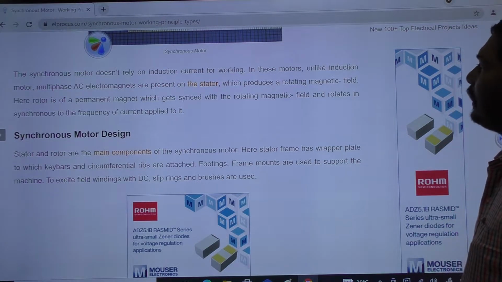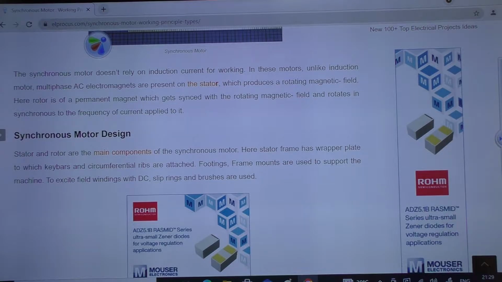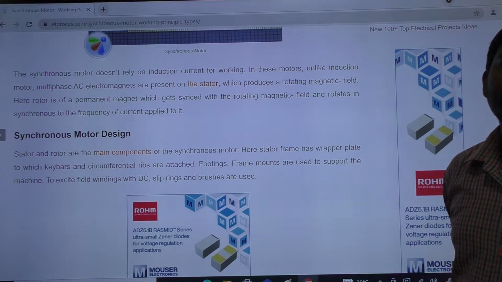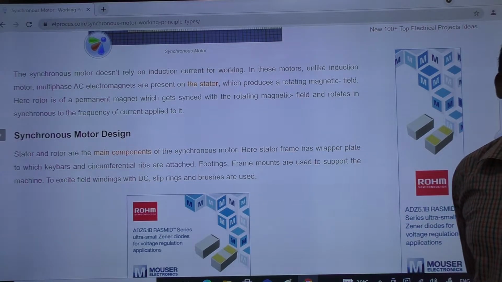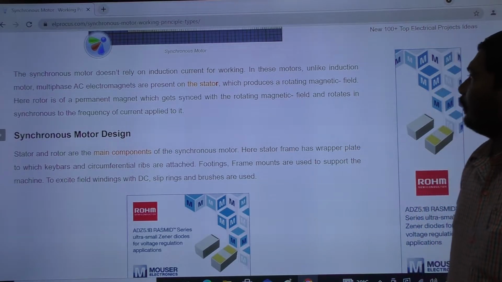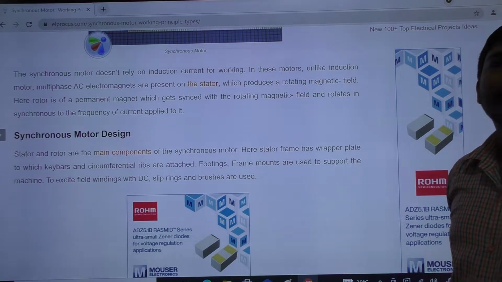In this motor, unlike the induction motor, multi-phase AC electromagnets are present on the stator, the revolving flux which we have already stated. So this is multi-phase AC. Why? Because we have applied three-phase supply, which produces a rotating magnetic field. Hence, the rotor is a permanent magnet. Why a permanent magnet?